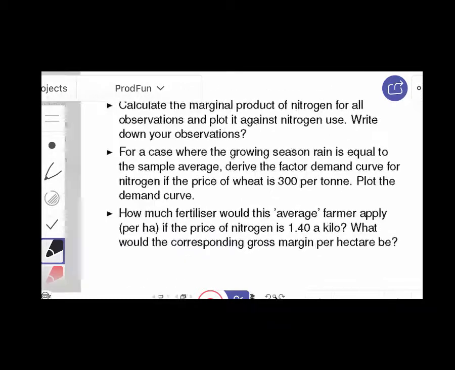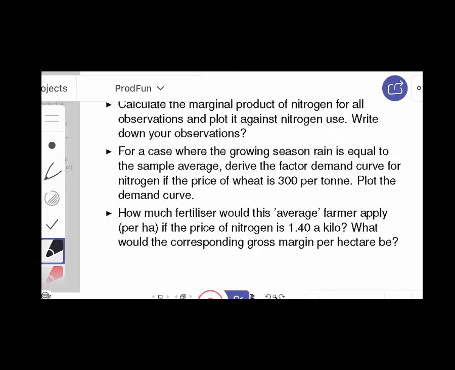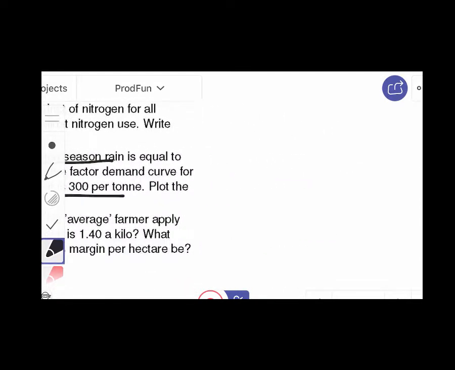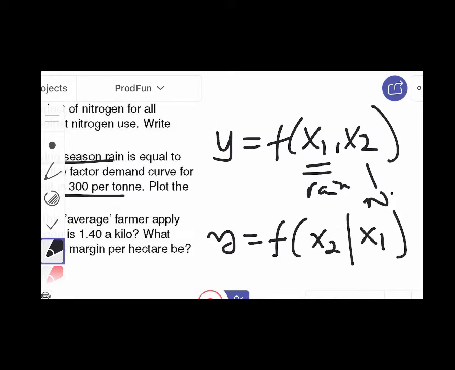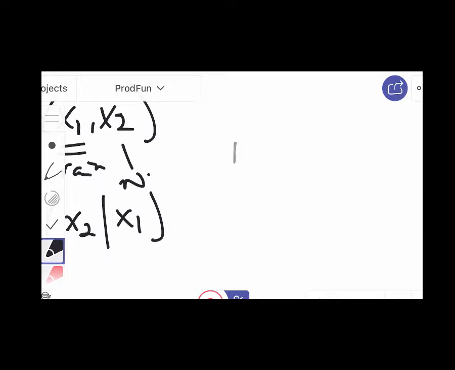Write down your observations on that, and if you have data on the price of output, and if you assume that one of the inputs, which is X1, the growing season rain, is fixed at the average value for the sample, then basically what was a 2-input production function, if I assume one of them is fixed at the mean value, which is rain, and this is nitrogen, then I am effectively turning the 2-factor production function into a 1-factor one, and I can do what we have been doing so far, which is think in terms of nitrogen and output.